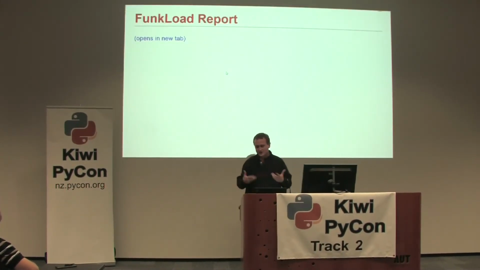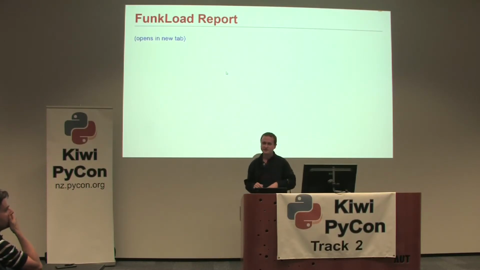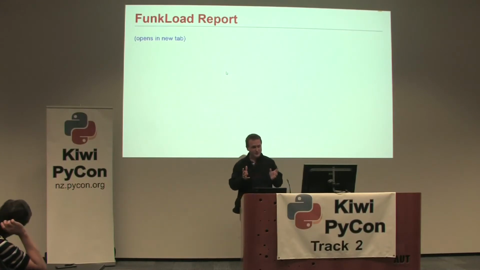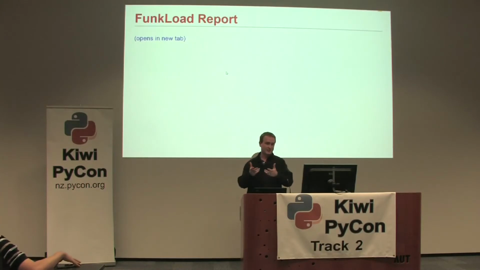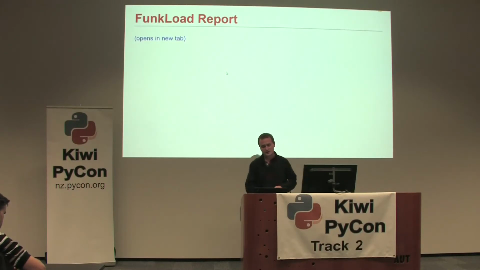The other thing we're still working on is various visualizations for this stuff. So you saw that the console runner gives you a little summary of the characteristics of your requests. One of the things that we've got mostly working now is you can export all of the requests that happened in this load test session into a format for a tool called funcload, which is actually what we were using before we started building loads.